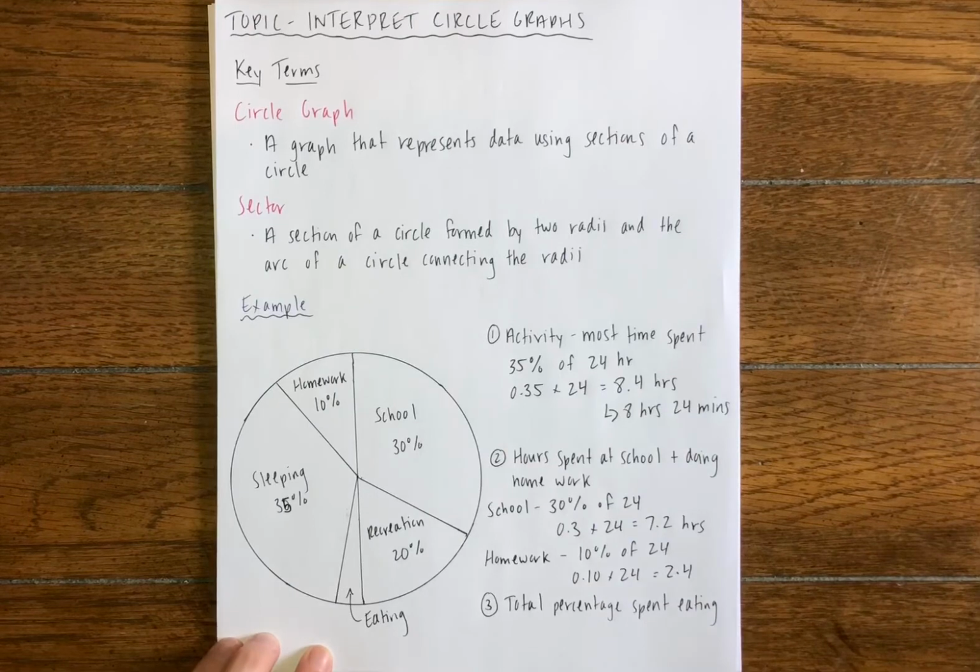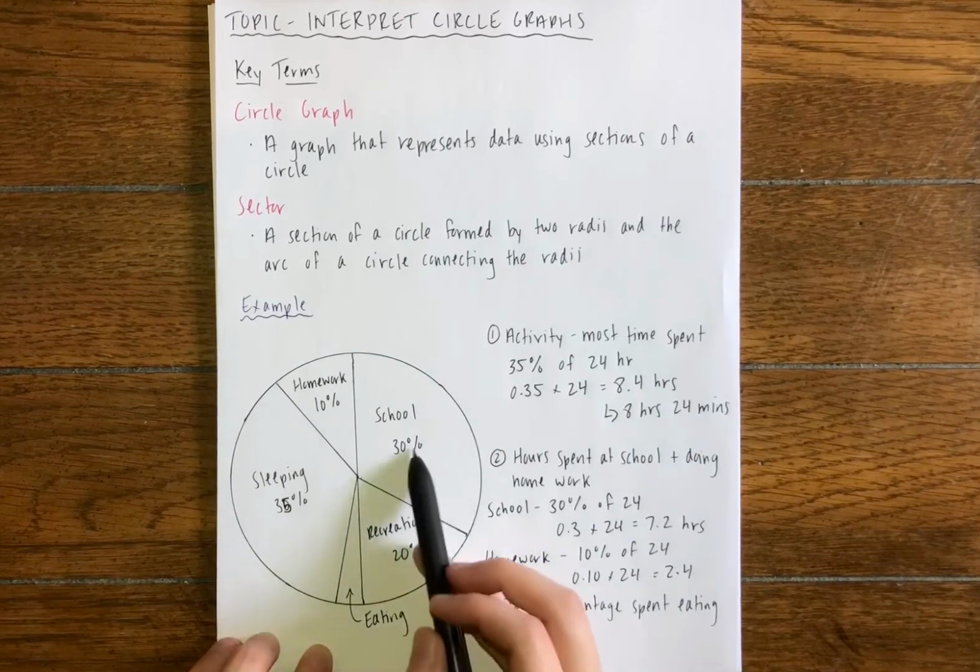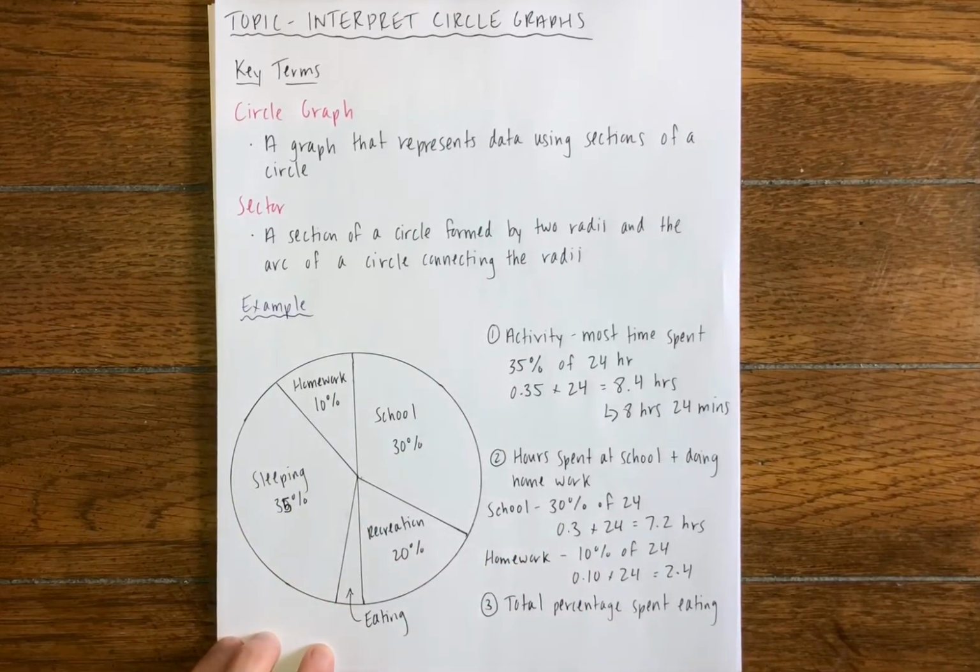I'm getting the values just from the circle graph. So school, we have 30%, and then for homework, we have 10%.